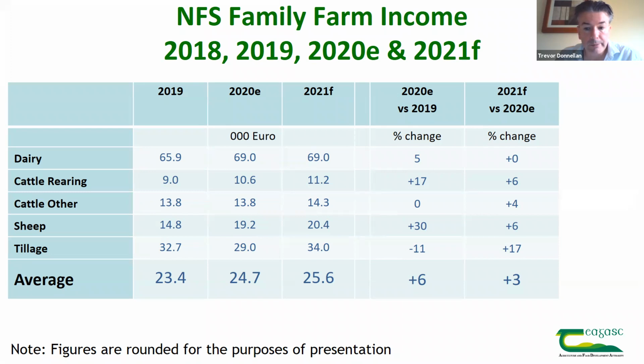So if we look across the systems, we see dairy incomes in 2021 holding pretty much at the estimated level for 2020. So no change in dairy income in 2021, with higher milk prices being offset by higher production costs.